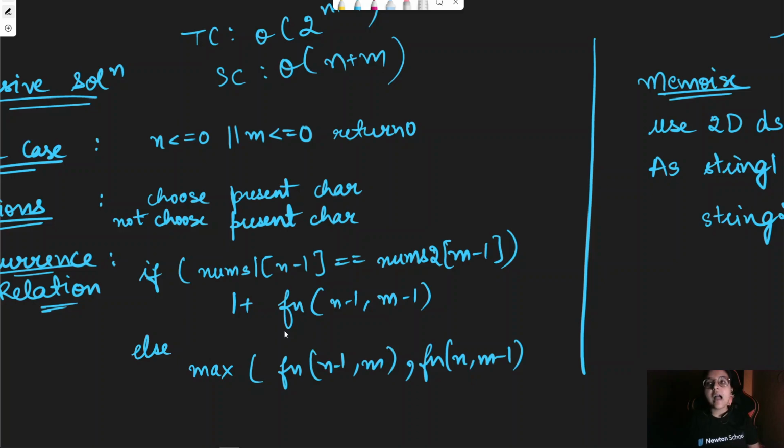The base cases would be handled by filling up a table in such a manner, keeping one extra row and one extra column where all the zeros would be filled for this particular base case, and this is how we will be able to transform this recursive solution into bottom-up DP.